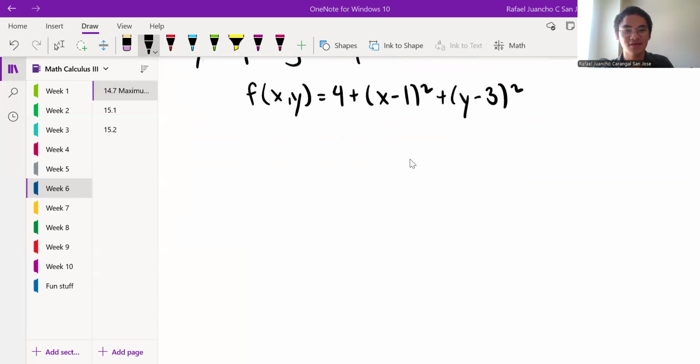Because, I mean, it's there, right? 1, 3. So since my x minus 1 squared is greater than or equal to 0, as well as my y minus 3 squared, we have f of x, y is greater than or equal to 4 for all values of x and y.